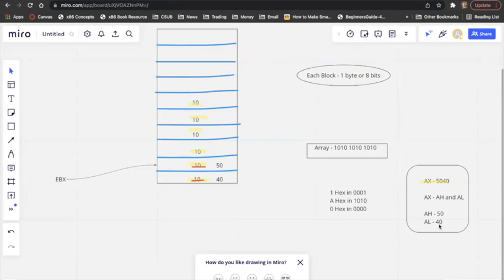So the lower part of AX, which is 40, is going to replace the 0 right here, and the upper half of AX will replace this 10. This means it will become 50. Make sense?